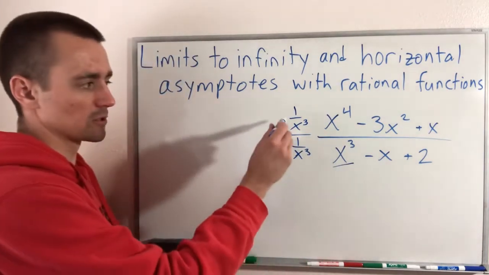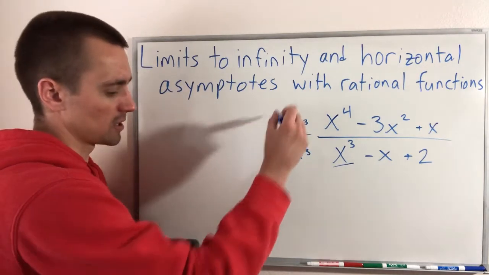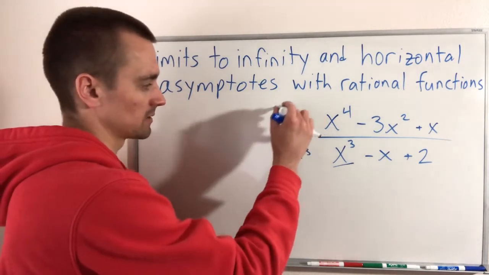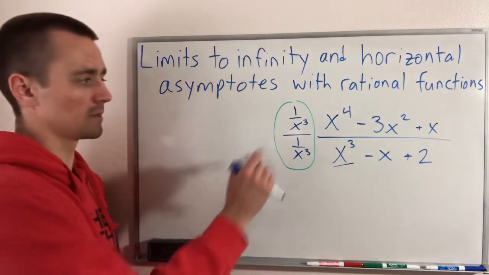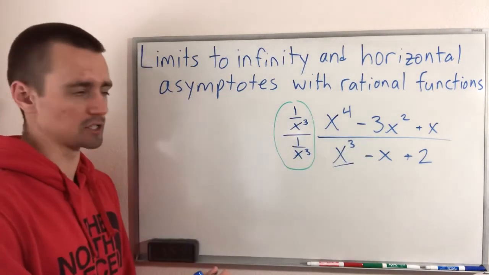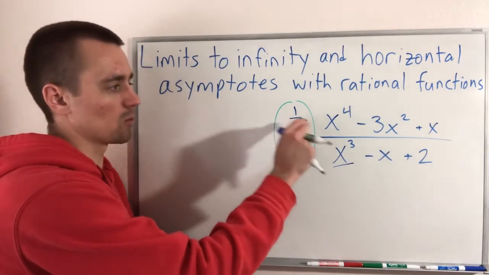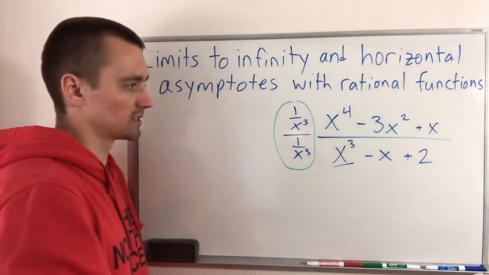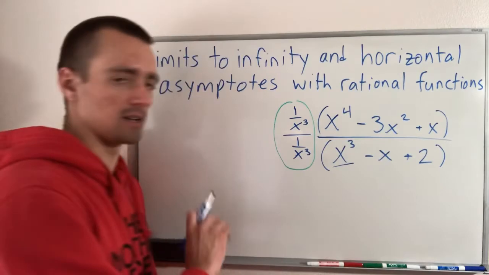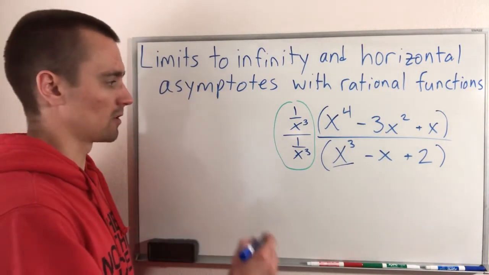If we multiply by something over itself, that's the same as multiplying by 1, because anything divided by itself is just 1. And if we multiply something by 1, we're not changing its value. So distributing this 1 over x cubed into the entire fraction, both on the numerator and on the denominator, doesn't actually change its value. Let's think about what will happen there.